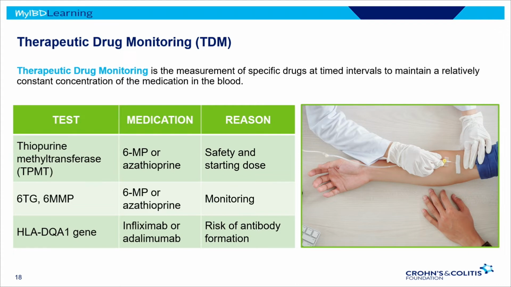You may experience that yourself with some of these molecules. So there are assays that could give us a hint as to whether you would be predisposed to having those antibodies formed. So maybe have a closer look at those antibody levels, which we could check along with the level of the drug itself on a regular basis, or consider other mechanisms of action for your IBD.